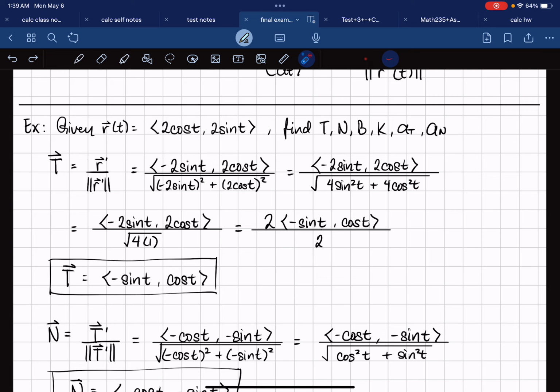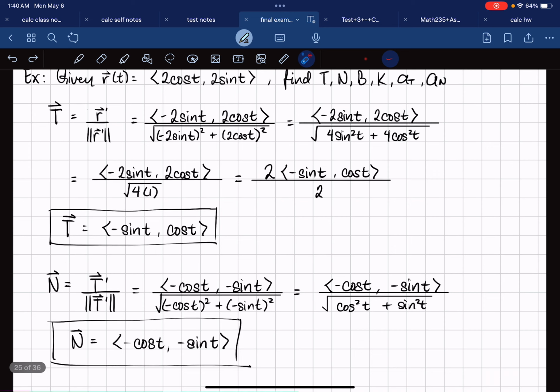All right, so we find T, and we got our equation right there. That's just a bunch of plugging in. So the derivative of r is just that. The derivative of this is just that. And then we're plugging that in, and we're getting this. Definitely take a look at it because they're all pretty straightforward.